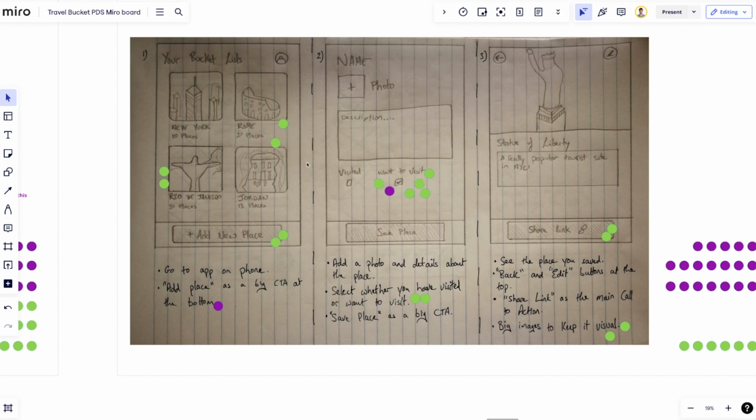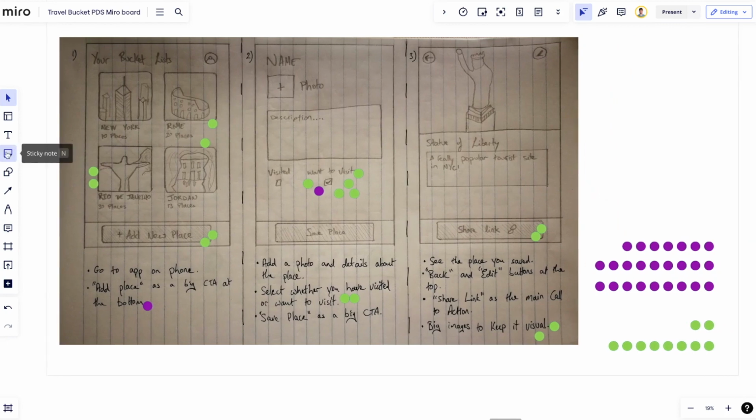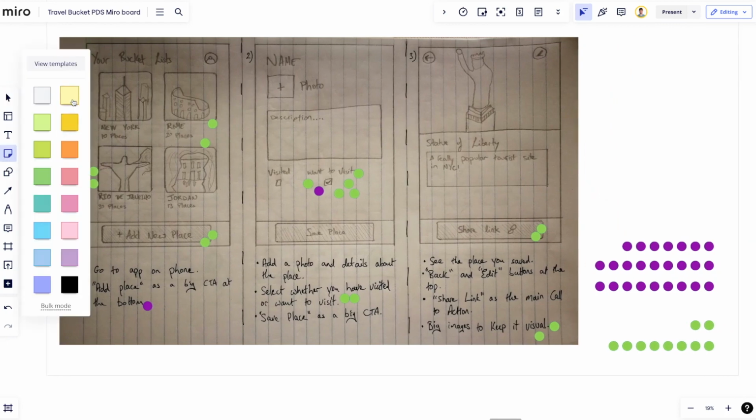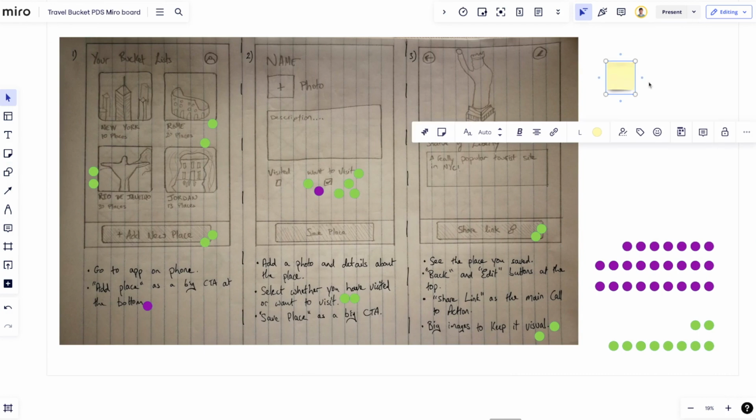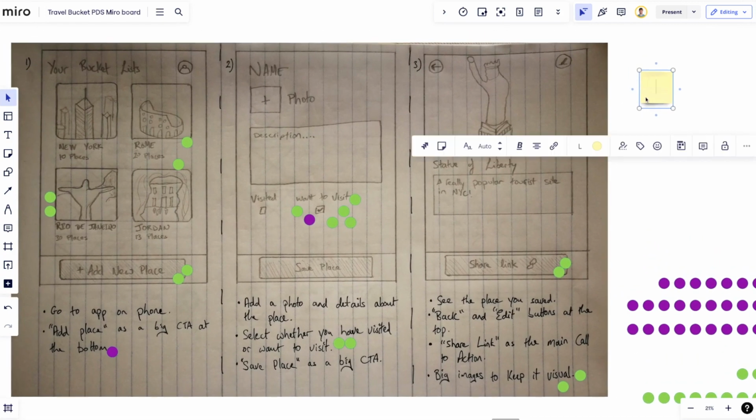So Chad will explain his sketch first, and then people that voted can explain why they voted a certain way. As the facilitator, once this discussion is happening, try to leave a couple of sticky notes around the sketches as to what people liked. In this case, let's say people really like the visited or want to visit.